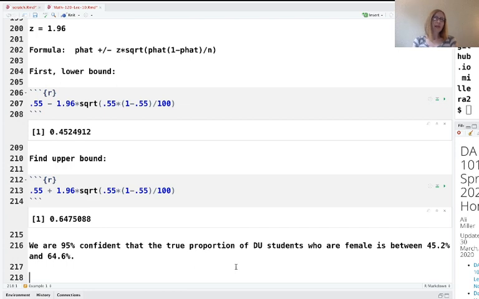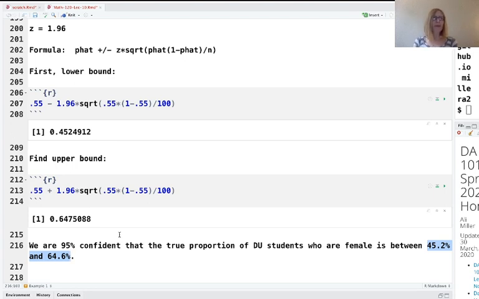But we can say that we're 95% confident, 95% of the time we take a sample like this, the true proportion is going to be between those ranges. Here's what we're saying. We think that the proportion for all Denison students is somewhere in that range, somewhere between 45% and 64%. The end. That's what confidence intervals do.